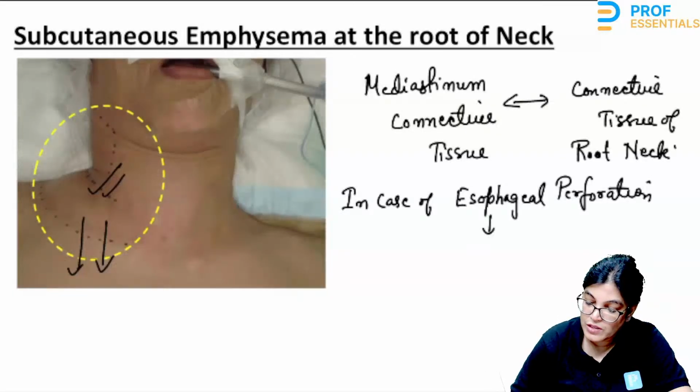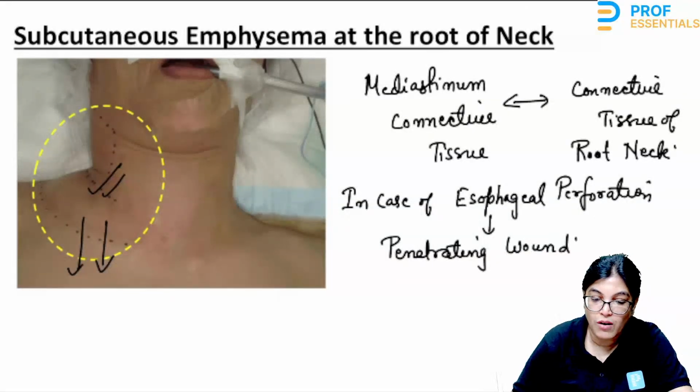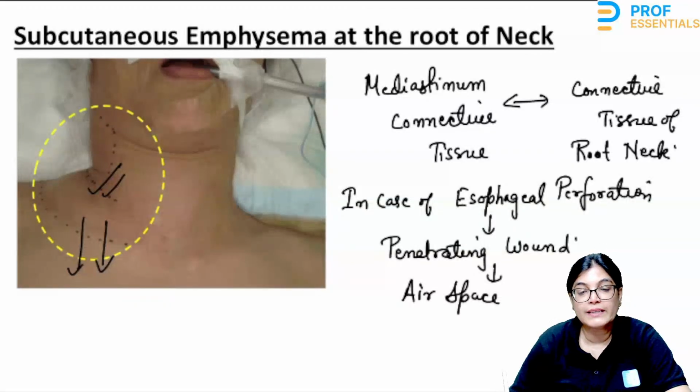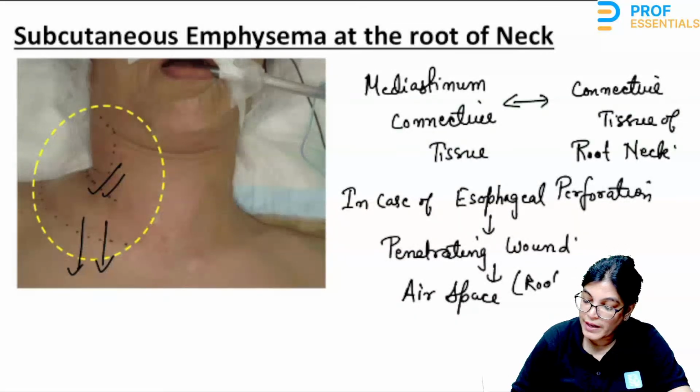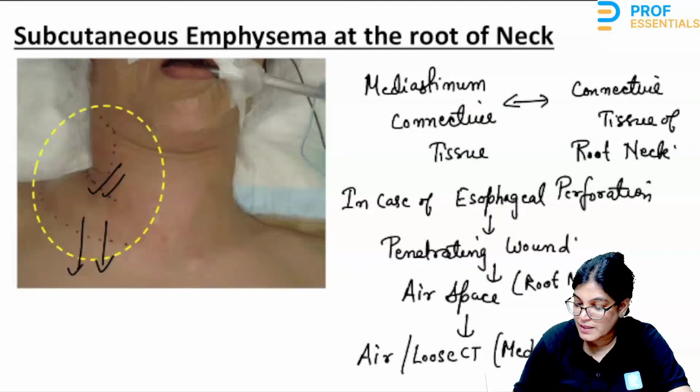This esophageal perforation can be due to a penetrating wound, and this penetrating wound will cause air spaces to be involved in the connective tissue spaces of the mediastinum. So air spaces of the root of the neck can be involved, as well as the air spaces and loose connective tissue spaces of the mediastinum.